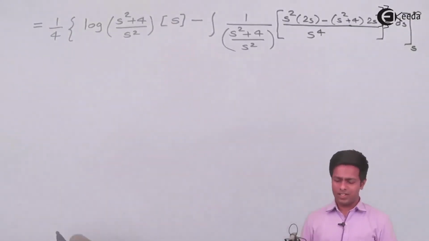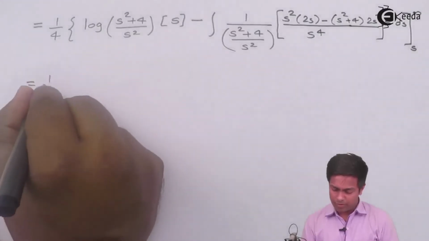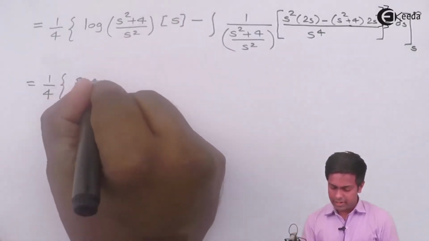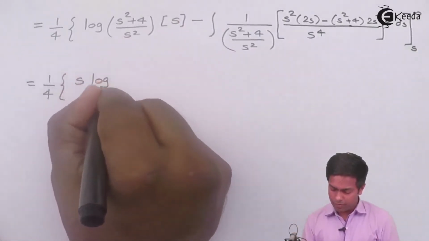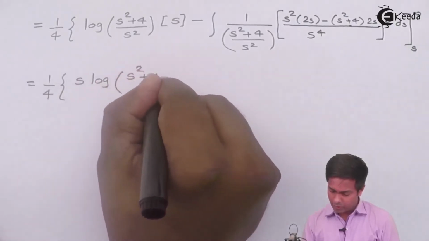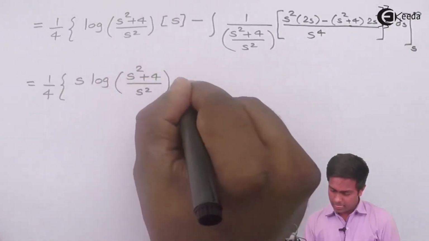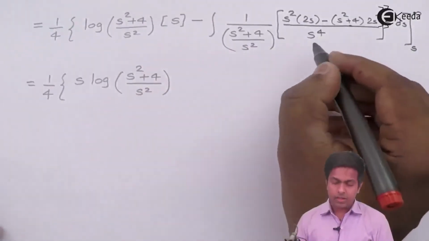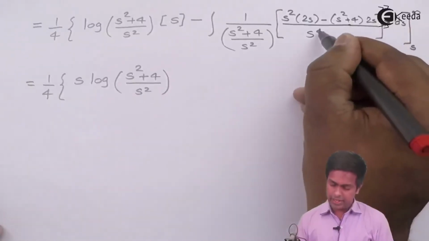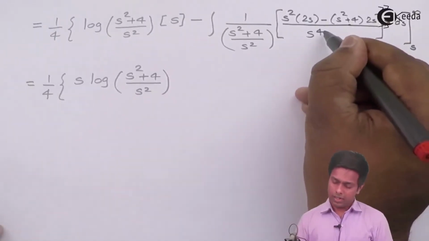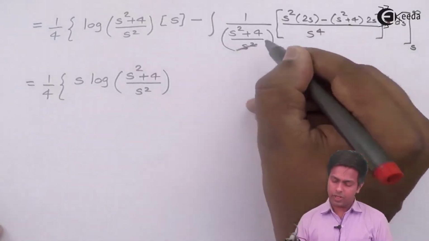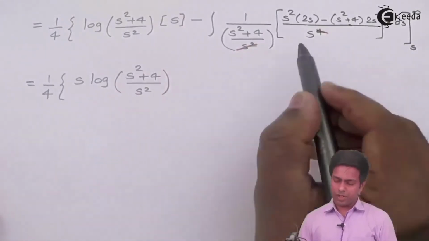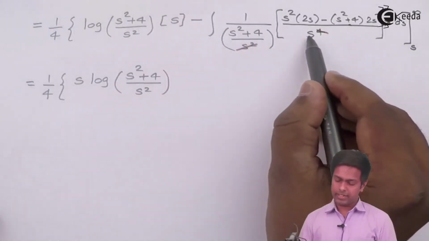Now let's simplify this. So here we will get 1 by 4, s into log of (s square plus 4) upon s square. Here I can cancel this s with s, so here we will get s cube, and then I'll cancel this s square with s cube, so I'll just get s. Now this will become s into (s square plus 4).